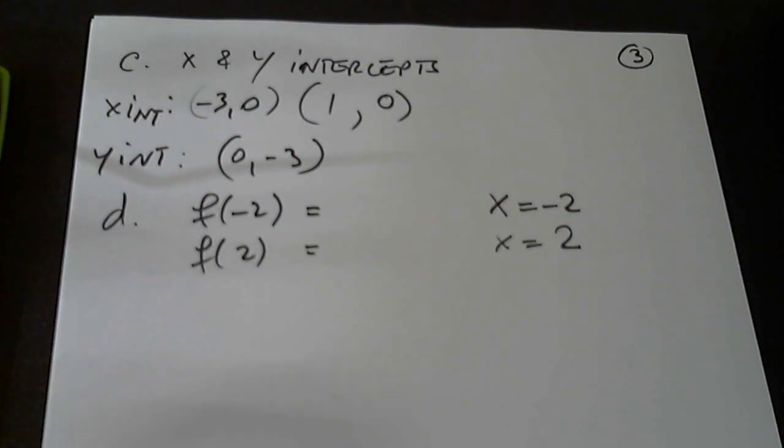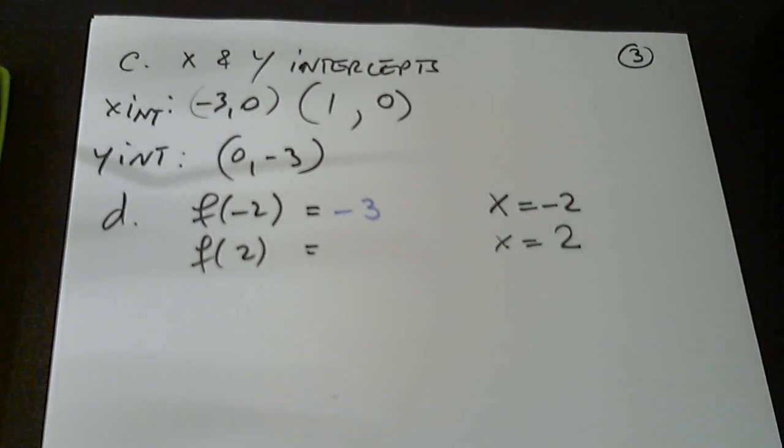Can anyone draw or imagine that you draw a vertical line at x equals -2 and tell us for that point what is the y value? And that is the same as f of -2. -3. -3, perfect, thank you.